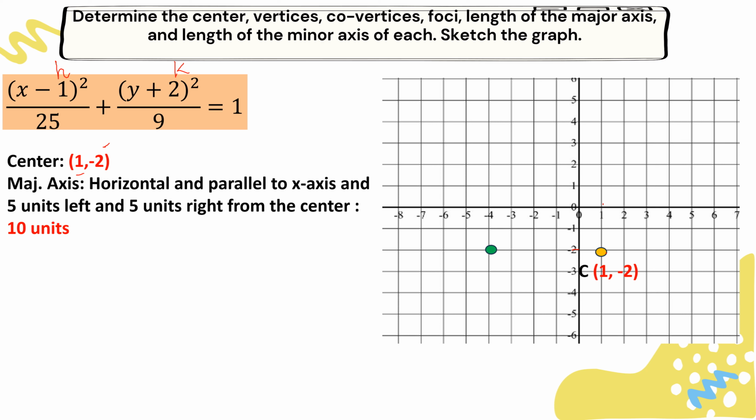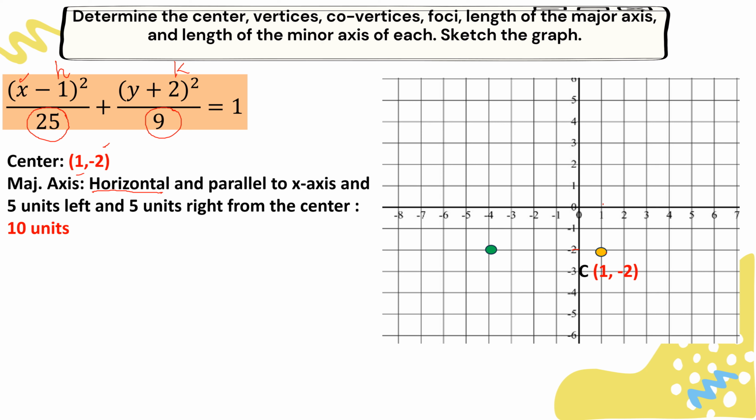Since 25 is bigger than 9 and the numerator of 25 is x, we expect that our ellipse will be horizontally oriented and parallel to the x-axis.